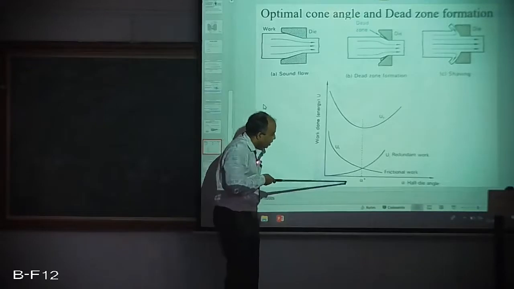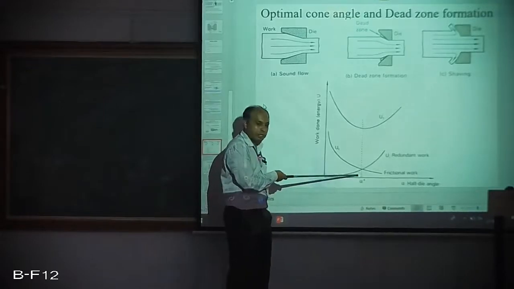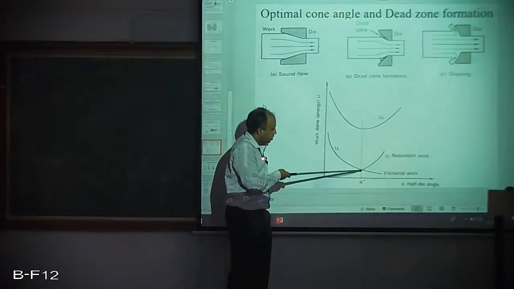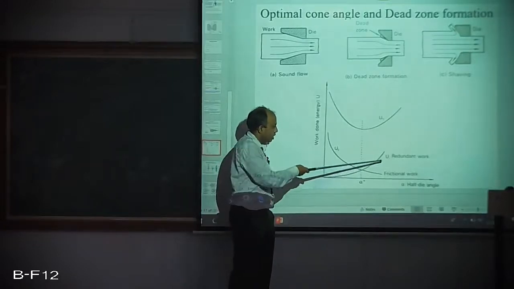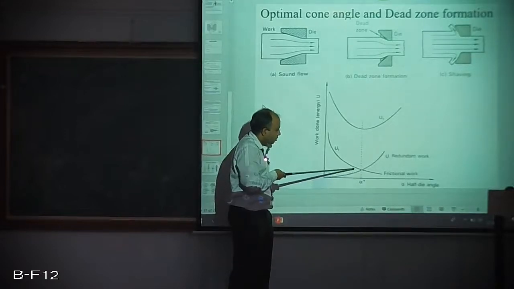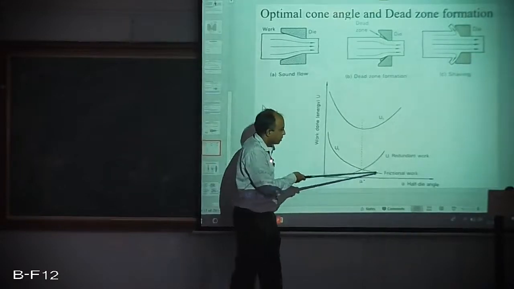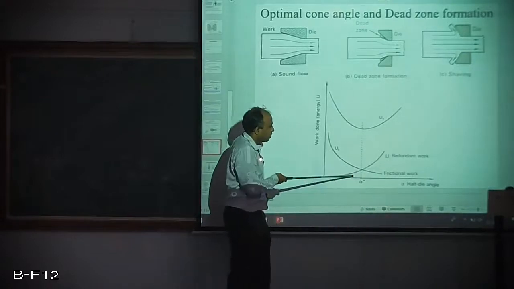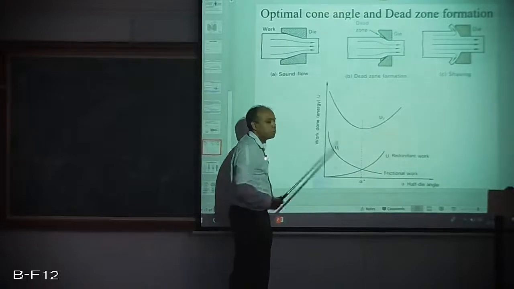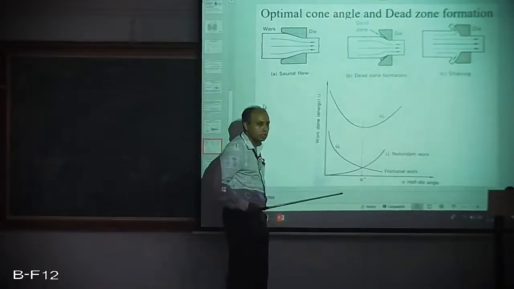That's why there is an optimum die angle at which I am having the least frictional work as well as the least redundant work. And when I add both these components, the frictional component as well as the redundant component of the work, I will be getting the total work, that is your UT, total work.